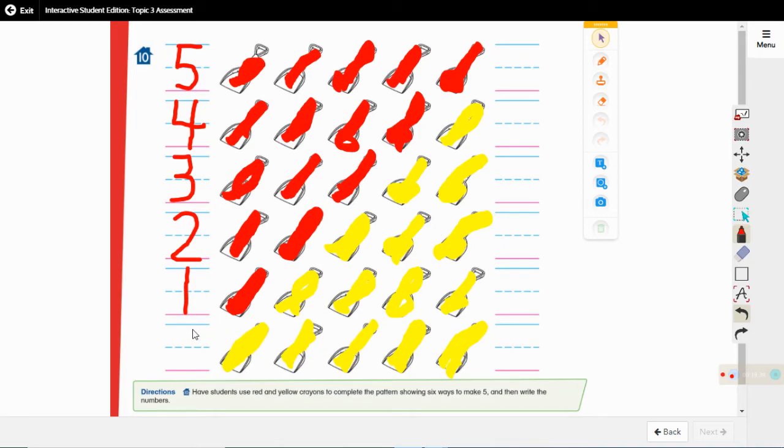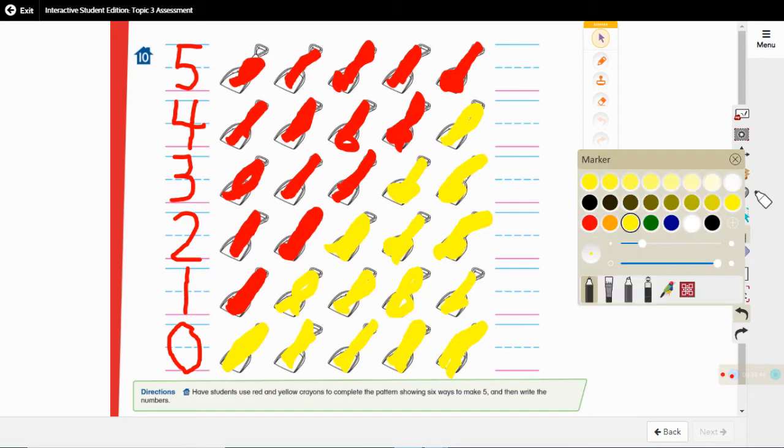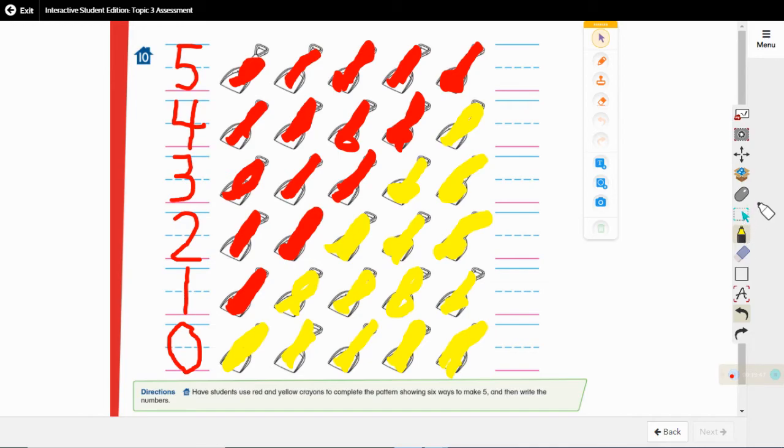So the number of red shovels is none. Nothing. No red shovels. So we put a 0 there. Go ahead and make sure you have all of your red numbers written on this side, and then resume the video and we will work on our yellow.